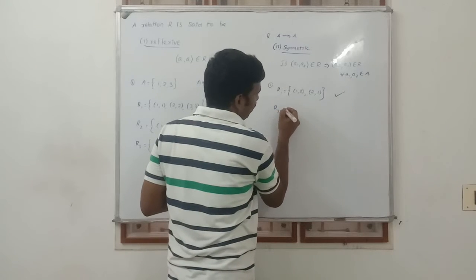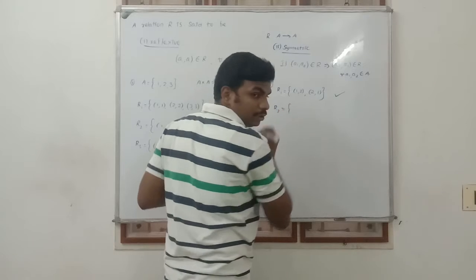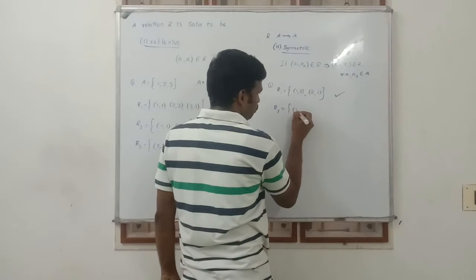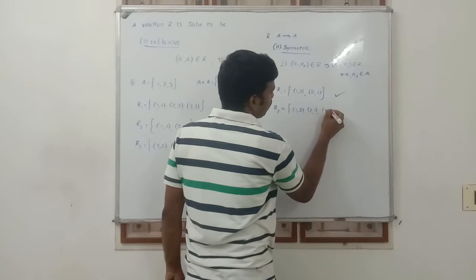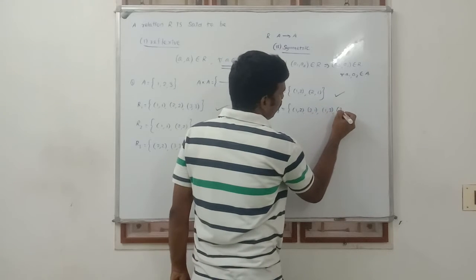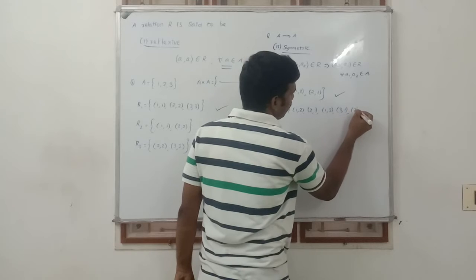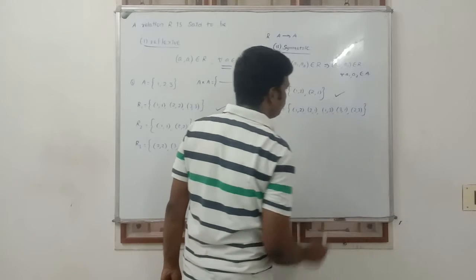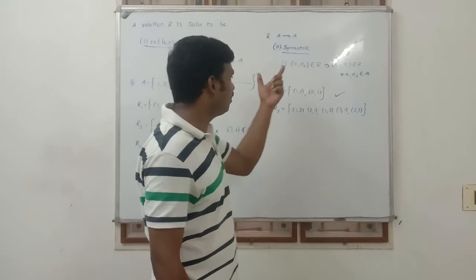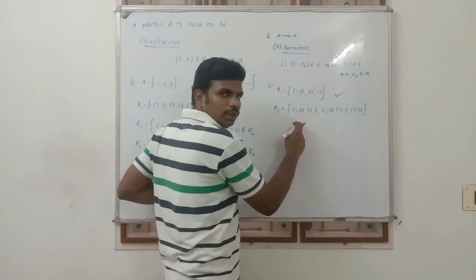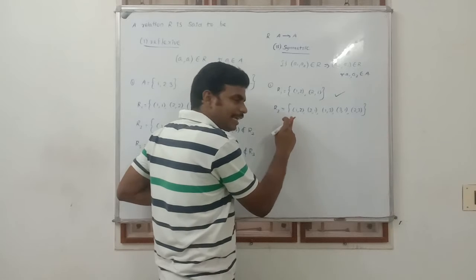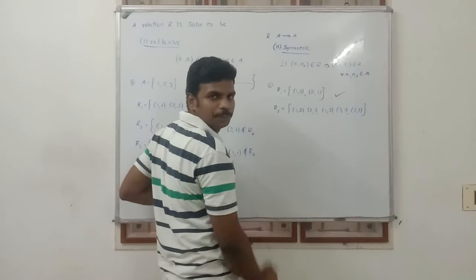Another example: R2 is equal to {(1, 2), (2, 1), (1, 3), (3, 1), (2, 3)}. Let us discuss the concept of symmetric in this relation. The first element is (1, 2). If (1, 2) is there, yes, we have (2, 1) also.